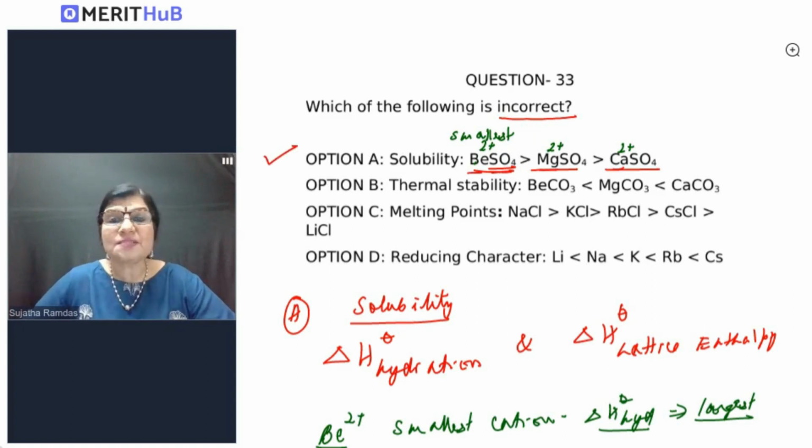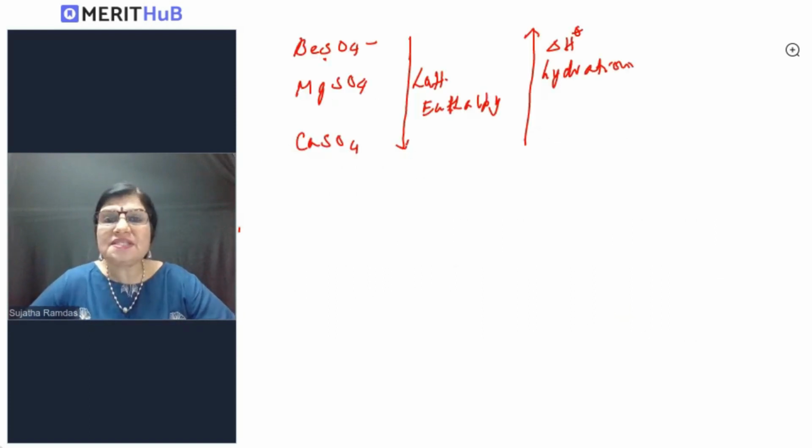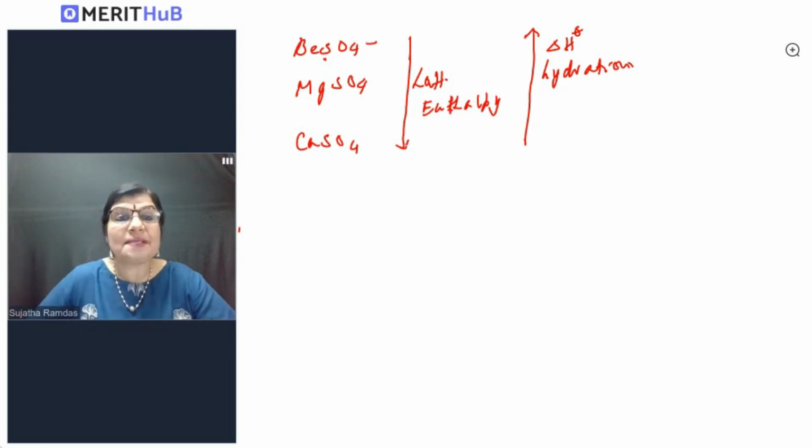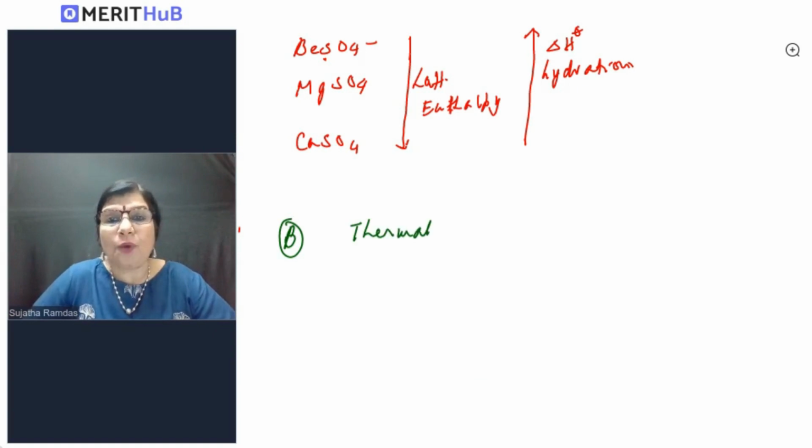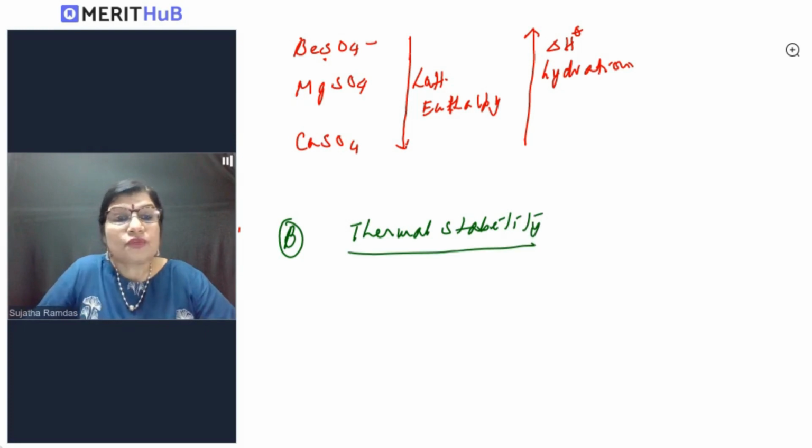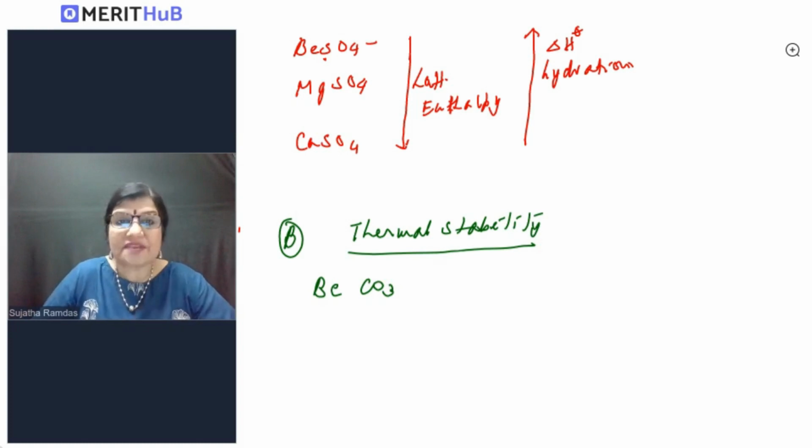Now let's move on to option B. In option B, we deal with the thermal stabilities of beryllium carbonate, magnesium carbonate, and calcium carbonate. Thermal stability also depends upon lattice enthalpy. I've already explained this in the previous option.